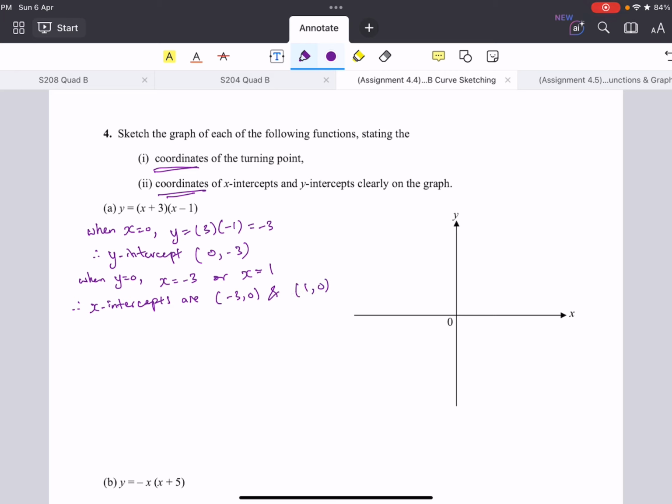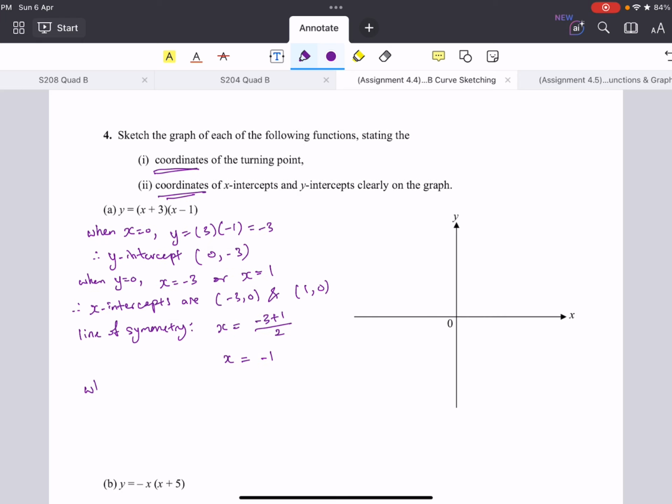So we're at these points already, okay? What we will also want to do is to find the line of symmetry. The line of symmetry will be x equals the average of the two roots. So I add them up, divided by 2. x is equal to negative 1.